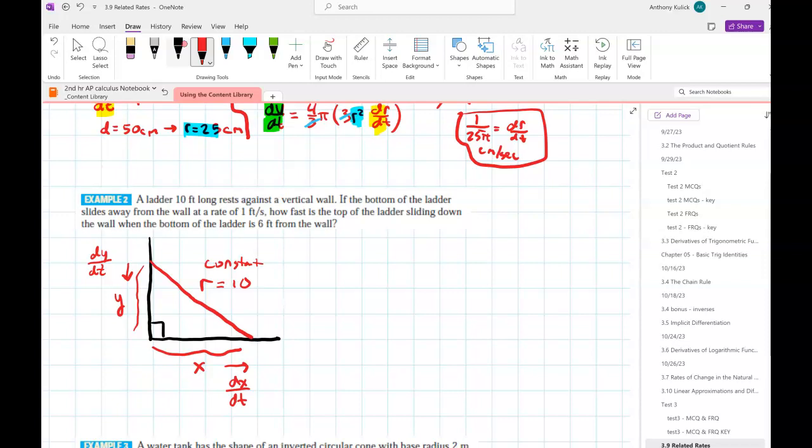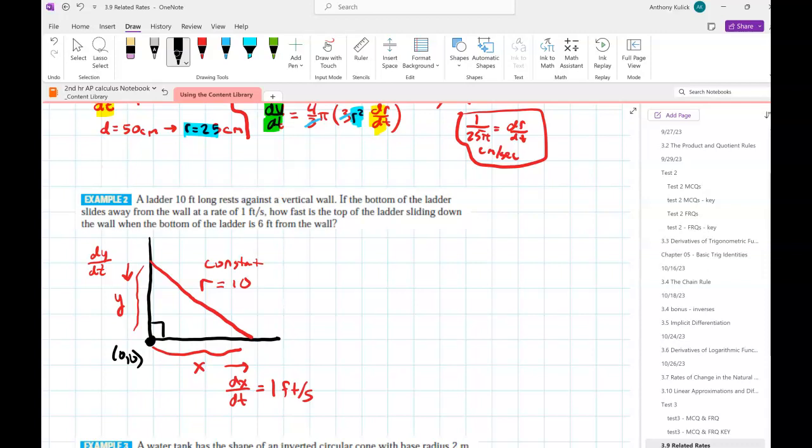Okay. It says we're sliding away from the wall at 1 foot per second. And if we assume that this is on an XY axis and this is the point 0, 0, that should be a positive change, right? If we embed this into an XY axis, the x is moving that direction. That's a positive change in x.